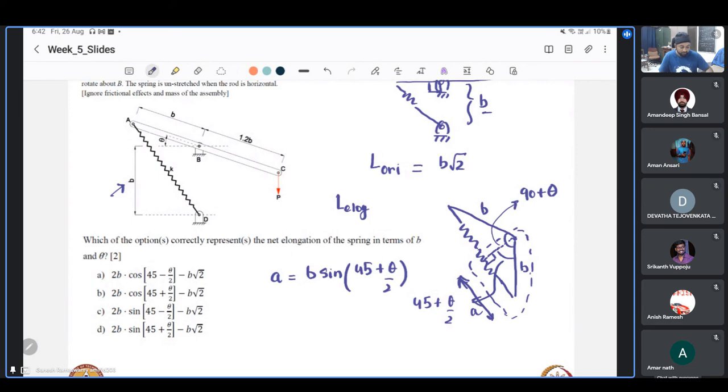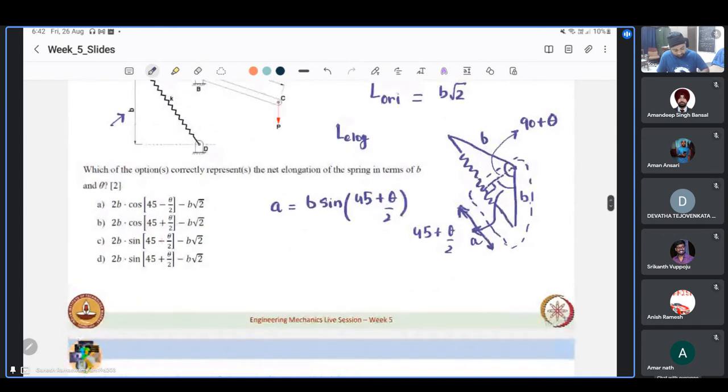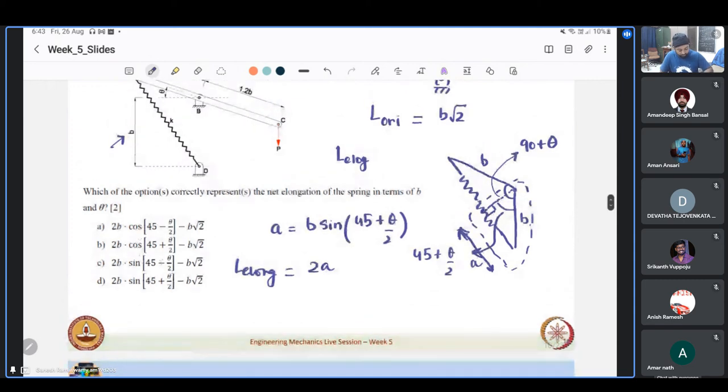This we are able to see clearly from the geometry of the problem. So what is the elongated length? We can see it is nothing but 2A, because it's an isosceles triangle, so it has divided the length into two. If we double it, we get the total length of the stretched spring, which comes out to 2A, which is nothing but 2B sine of 45 plus theta by 2.